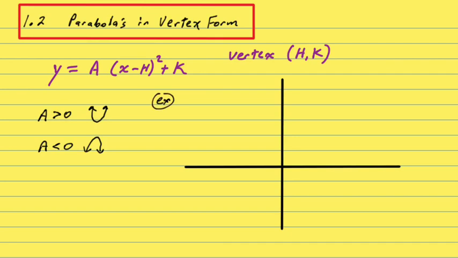So let's do an example. We're going to make up an example here. y equals 2 times x minus 3 quantity squared plus 1. So let me mark off some marks on my graph.